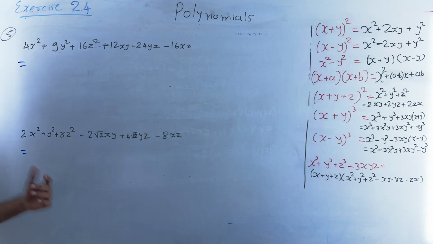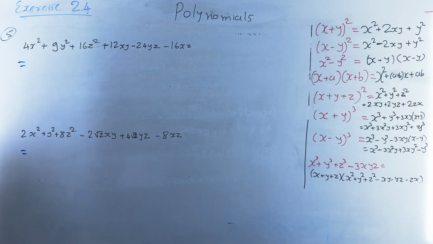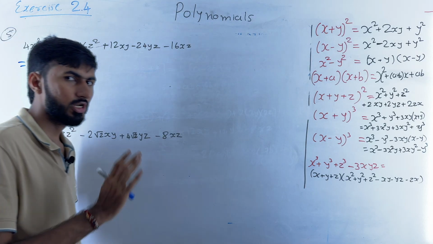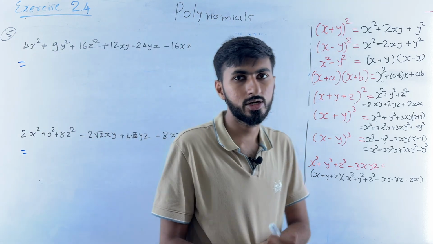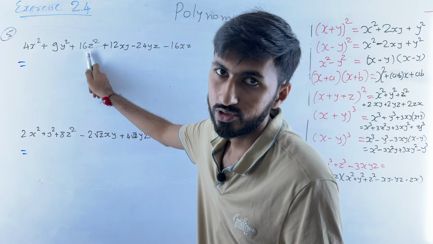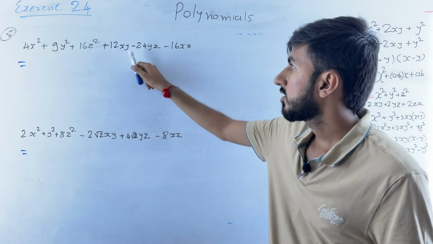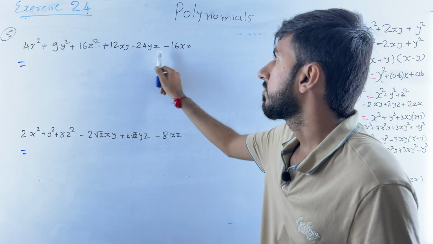So here is our fifth question, right? We have to factorize these two. Now if you see this question, analyze this question and compare it with our identities. Here you can see I have square of 3 terms, then I have 3 more terms in which I have multiplication of 2 variables, right?